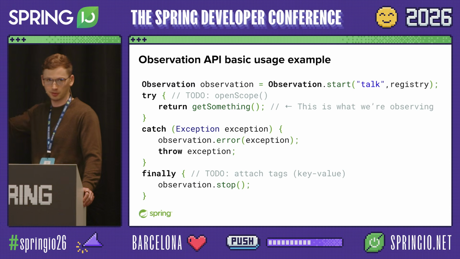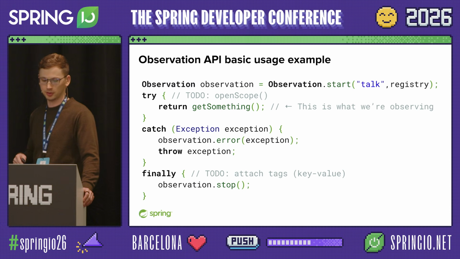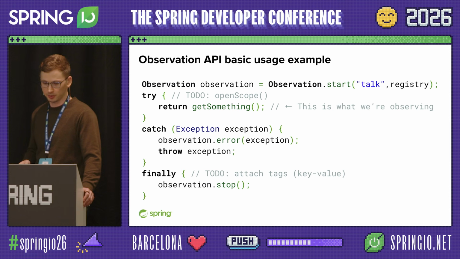If an exception happens, you can tell the observation that this error happened. That looks pretty similar to what you would use with a timer or a tracing API, and that's intentional, because we wanted to be able to get metrics and tracing out of this.